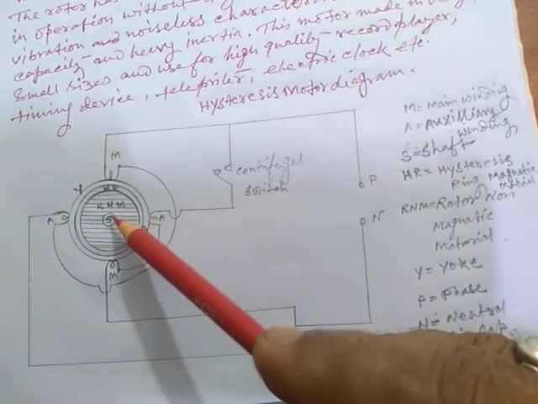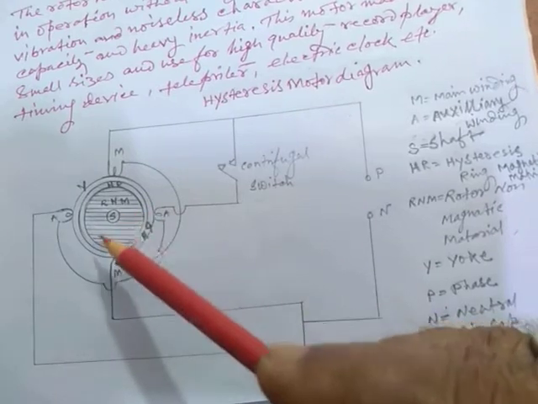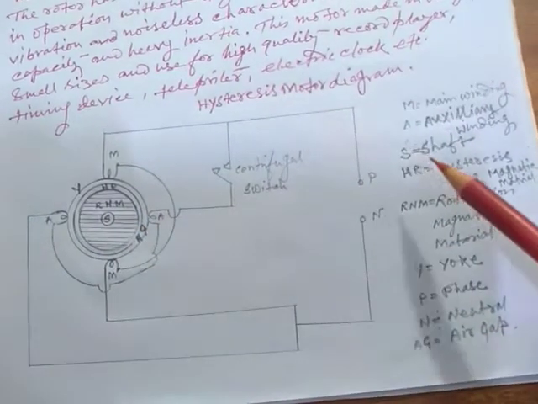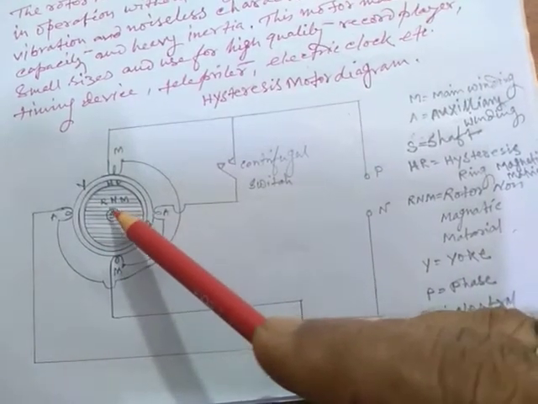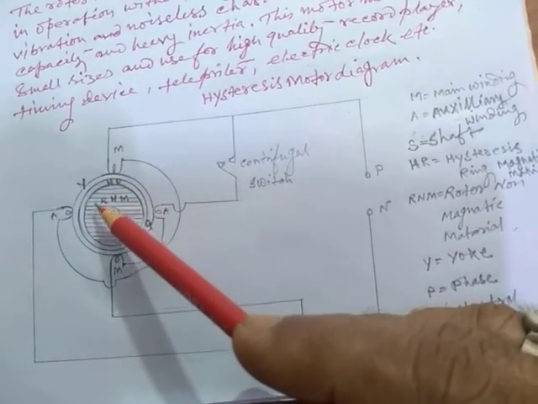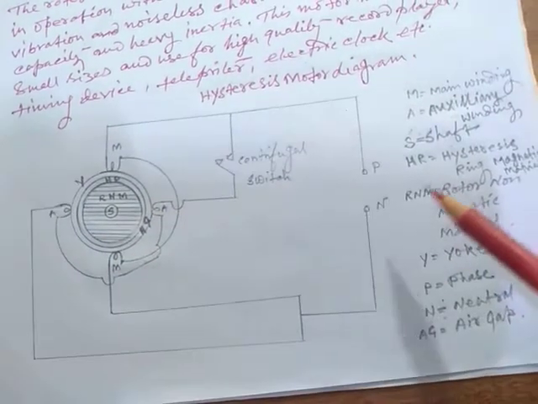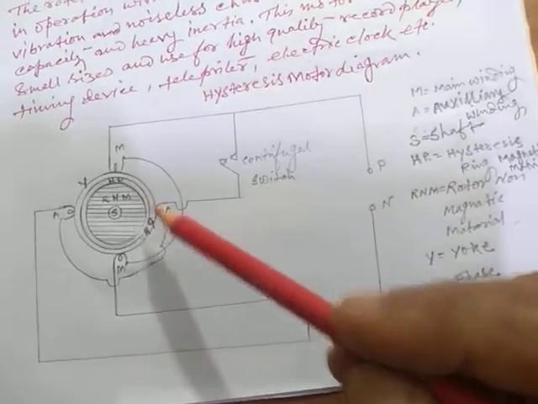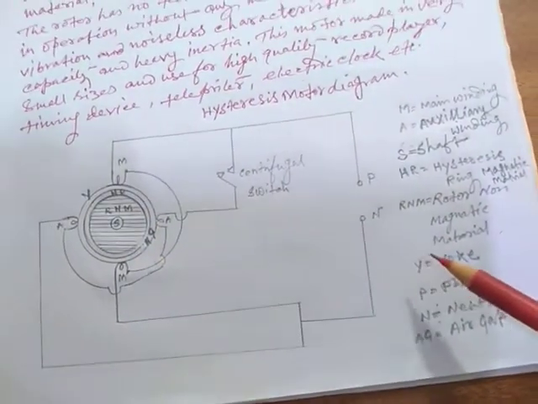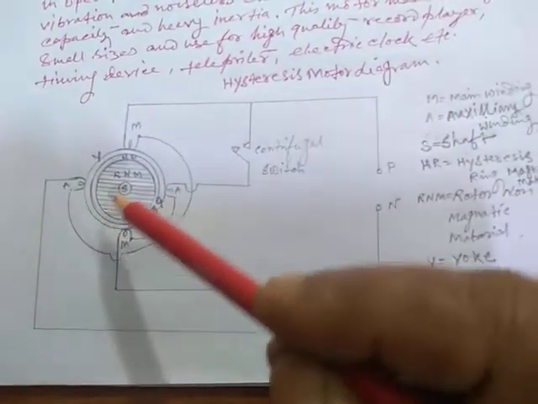In the center this is the rotor, on the shaft. The rotor is a non-metallic material. The hysteresis ring is here, and this is chrome steel, a non-magnetic material.